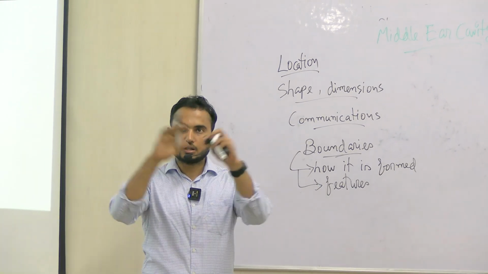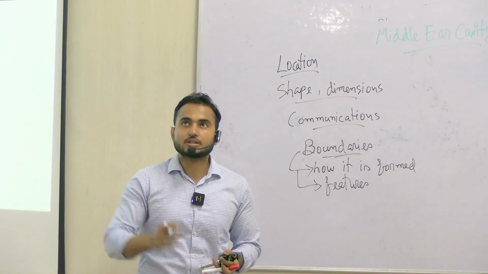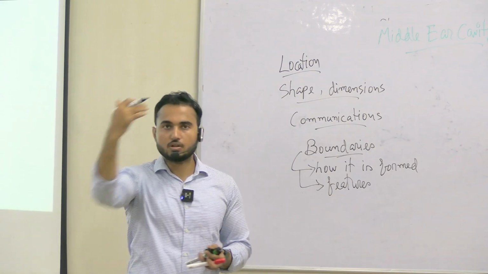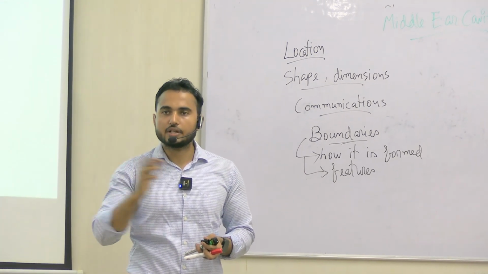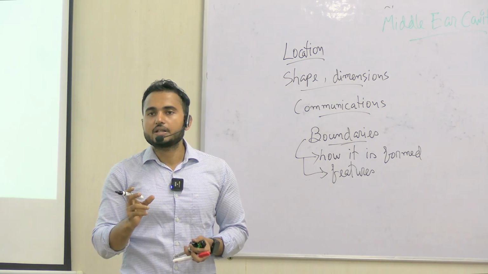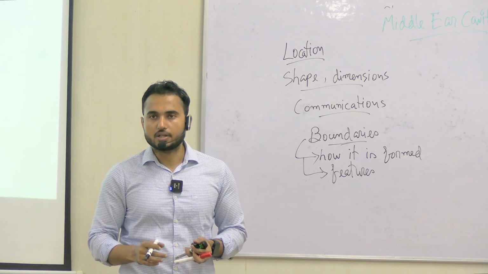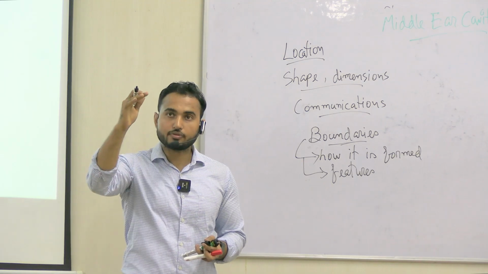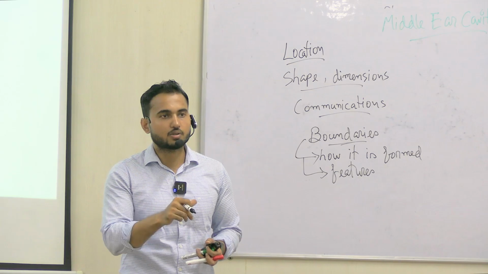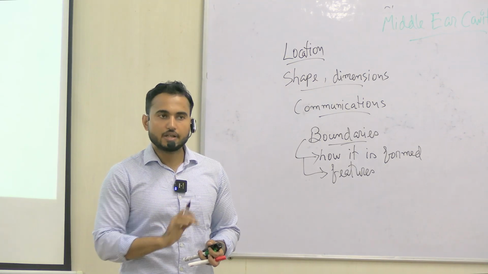Just imagine this classroom. It has a roof, floor, anterior wall, posterior wall, then medial wall and lateral wall. In a similar way, the middle ear cavity also has roof, floor, anterior wall, posterior wall, medial wall and lateral wall. Everything is present in the middle ear cavity.